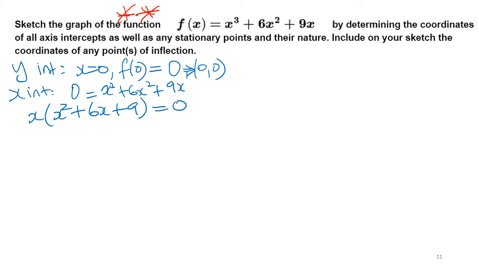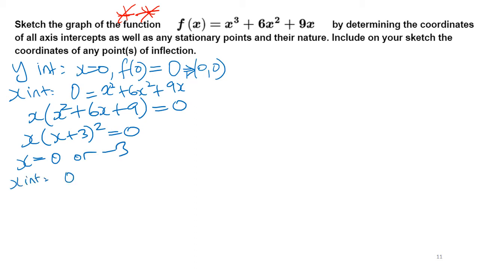That's just a quadratic inside a bracket. I can factorize it even further. That becomes x times (x plus 3) squared equals 0. So now if I solve, x equals 0 or -3.